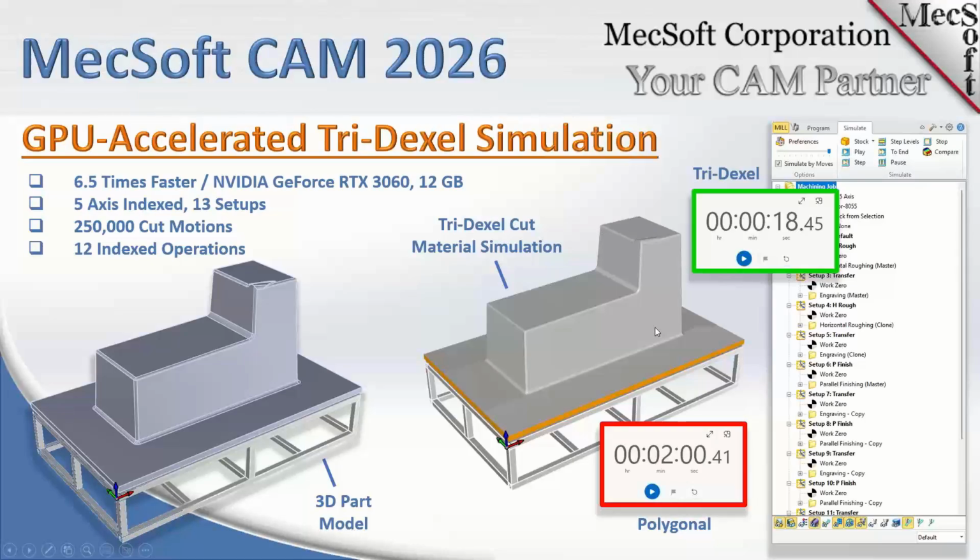So you're really going to notice the acceleration. And again, as we mentioned, you do need to have an NVIDIA graphics card on your PC in order to enable this cut material simulation option.